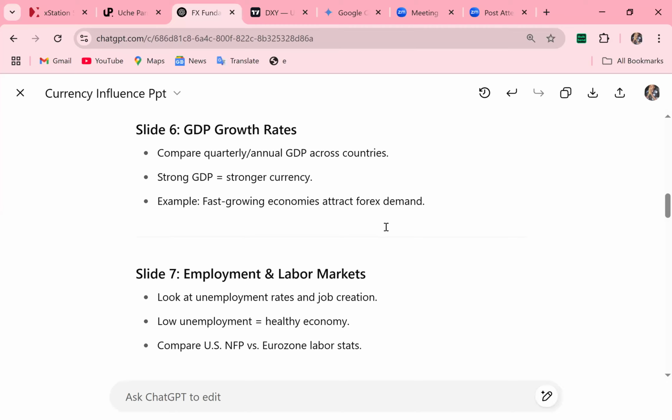You try to compare both GDPs, or you can compare them with another weaker currency, maybe the New Zealand dollar, because it's always good for a trader to trade an extremely strong currency versus an extremely weak currency. When you're trading two strong currencies at a similar time, you may not maximize your returns, even if you have some economic facts about them.